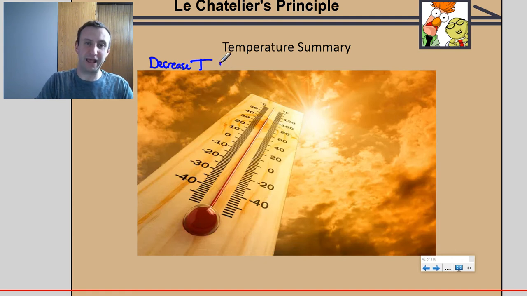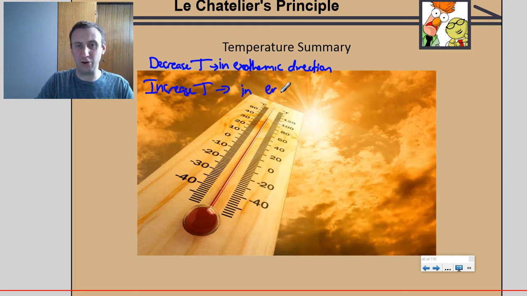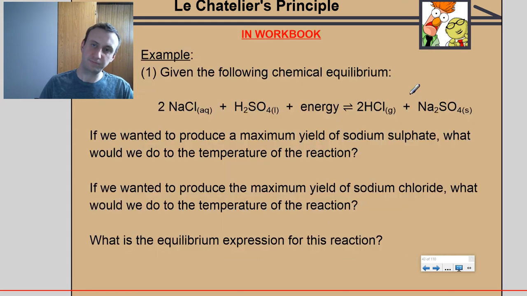So it goes in exothermic direction. And in the same way, if I increase temperature, if temperature goes up, it's going to shift in endothermic direction in an attempt to bring the temperature back down. So it's always just going to do the opposite. All right, so that's temperature.